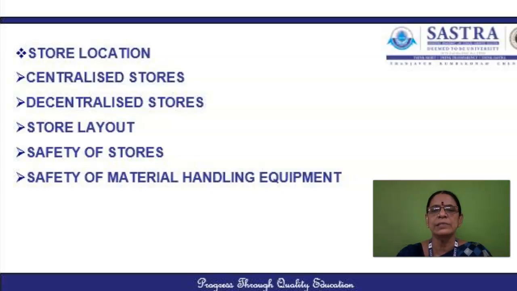So this is an example for the safety of cranes and forklifts, which are popularly used in the production area. The safety of the material handling equipment, other than the items stored in the stores, should be taken care of by the storekeeper.